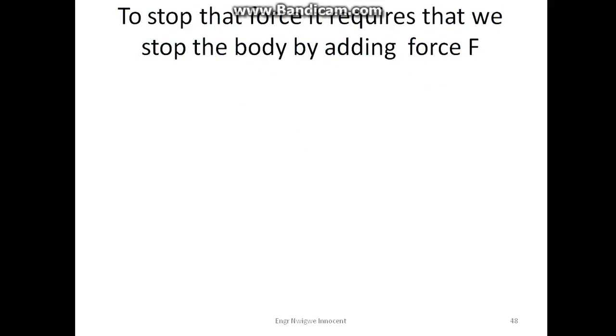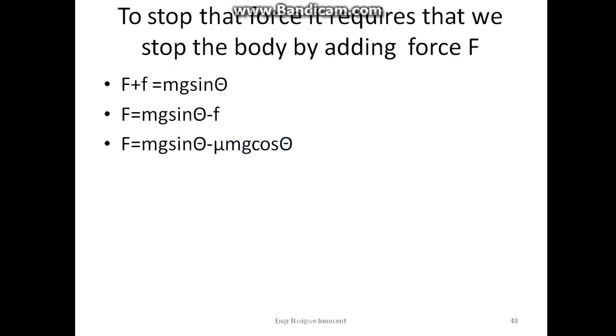To stop the body from moving, it requires that we add a force F. The limiting frictional force, capital F, plus the frictional force, small f, will be equal to mg sin theta. Making the force F the subject of the formula, we have mg sin theta minus small f, the resistance force.